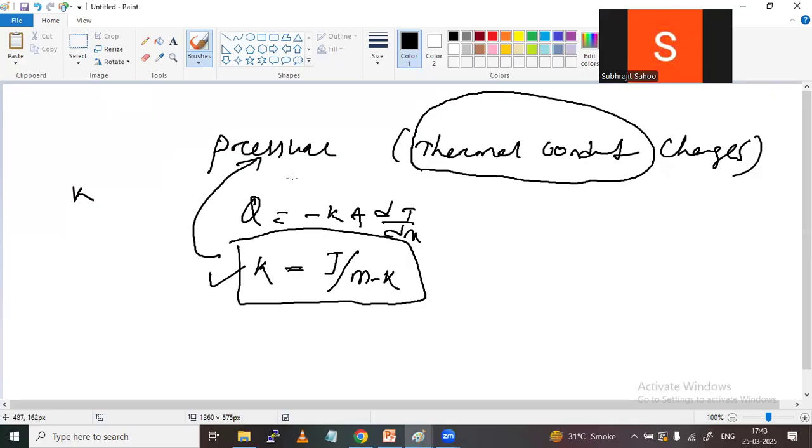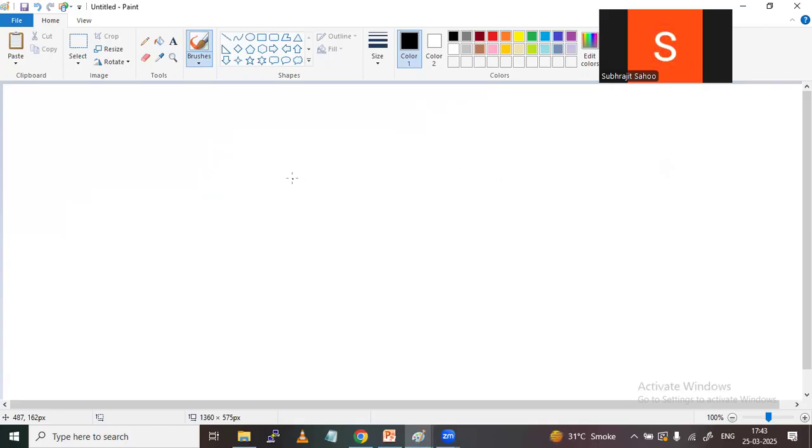Let us see. Sir, suppose I give a certain example here. Consider a tube, a hollow tube. Now these two ends are insulated, that means heat cannot transfer.